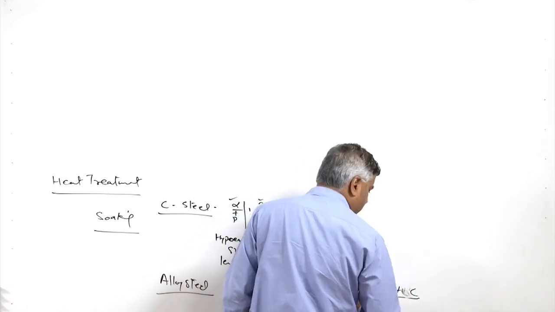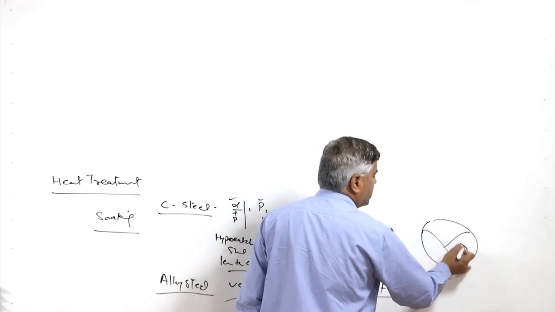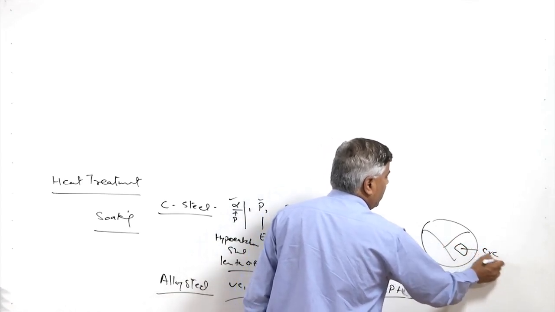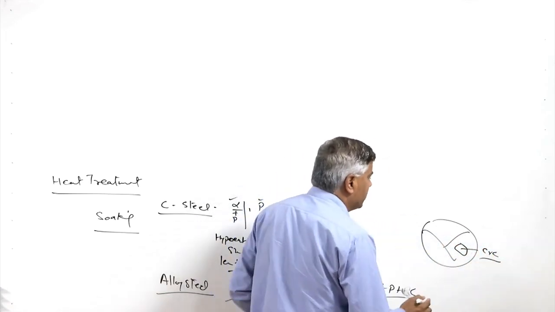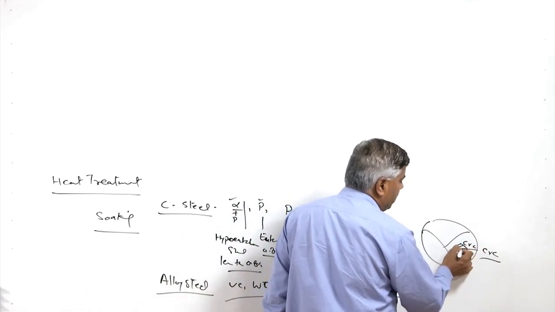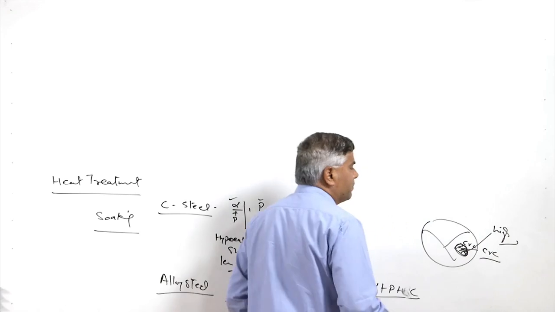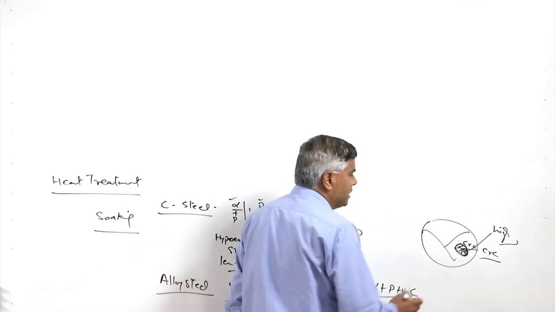Even if, say, in a steel there was one carbide particle like chromium carbide, when it decomposes, it will produce chromium and carbon. But they will remain here. So, this is the region where it will have higher carbon concentration and higher chromium concentration in the steel at a particular location.